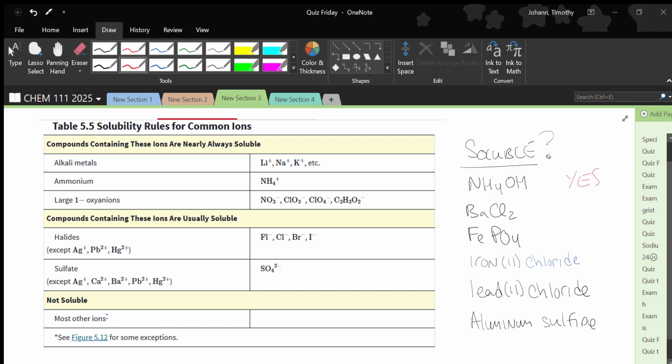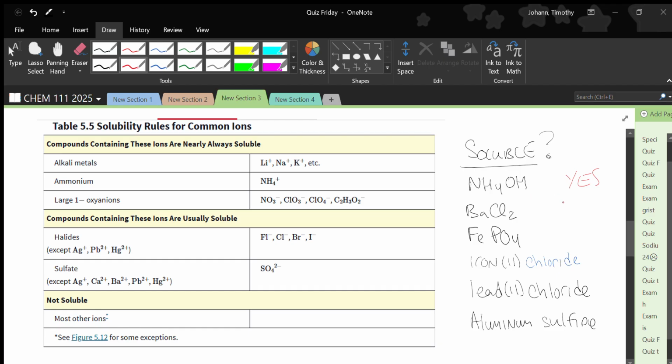What's that say? We come down here. These ions are usually soluble. Chloride. And then our exceptions. Do you see barium in our exceptions? No. Soluble. It says on the sulfate one, it says barium. Yeah, but that's for sulfate. Great, good question. I'm glad.